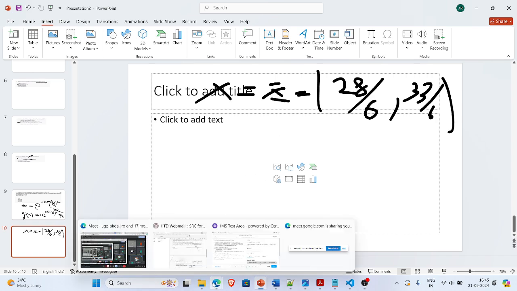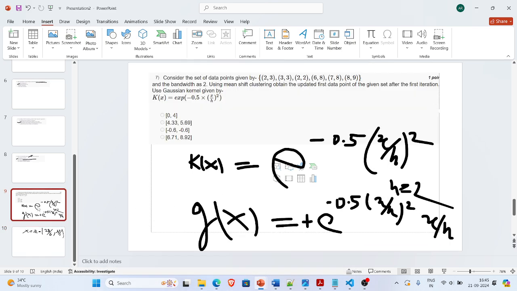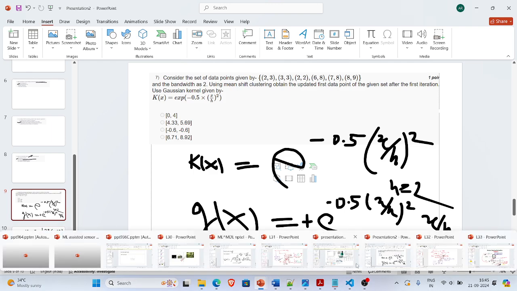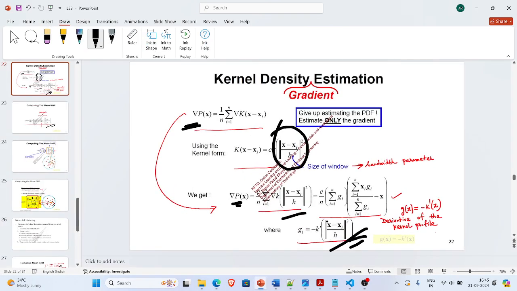Okay, next what we'll do is calculate this one, right? So what is this distance? And we have to divide by 2 in each distance calculation, h.